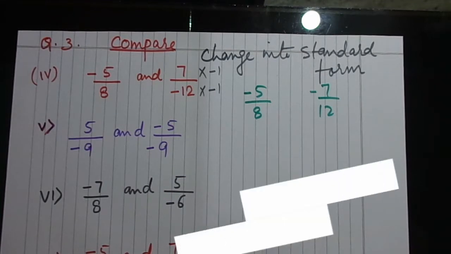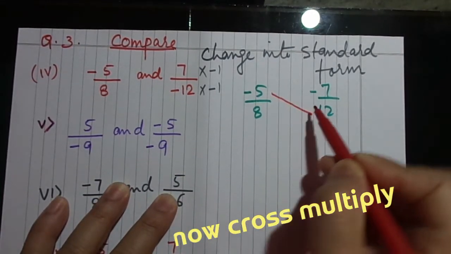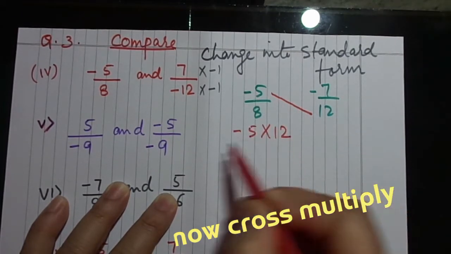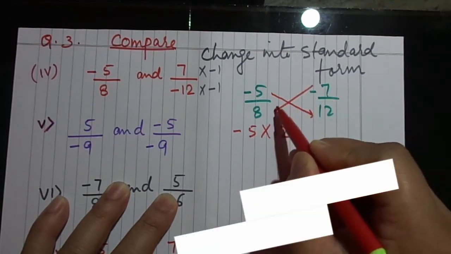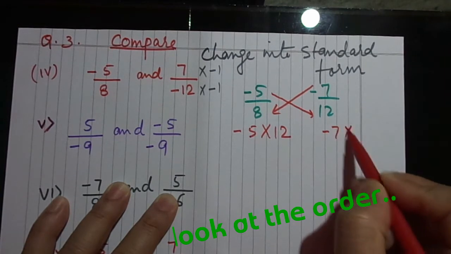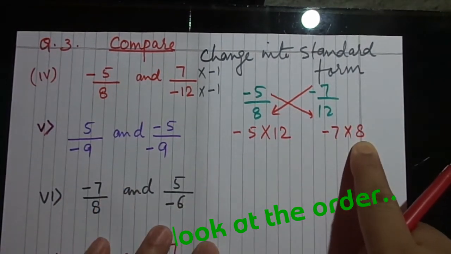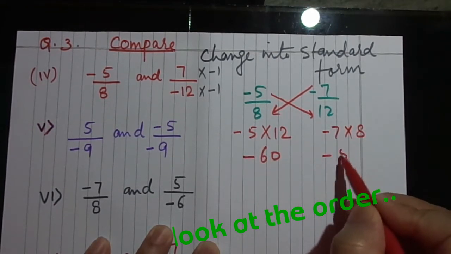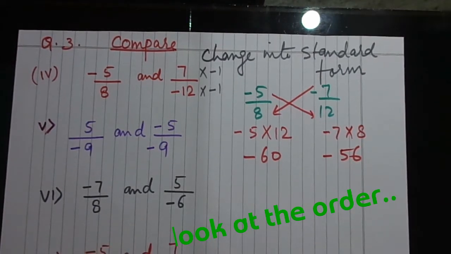Now we are going to cross multiply. So when I cross multiply minus 5 into 12, look at the order, and minus 7 into 8, we get negative values on both these sides. So it's minus 60, and here we have minus 56. Now you can easily judge which of them is greater.